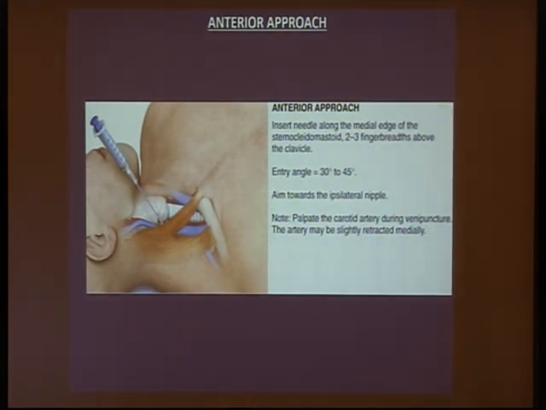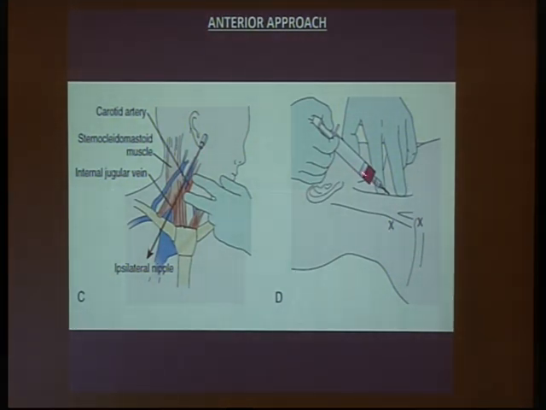We have three main approaches for internal jugular cannulation. The first one is anterior approach, coming like that.